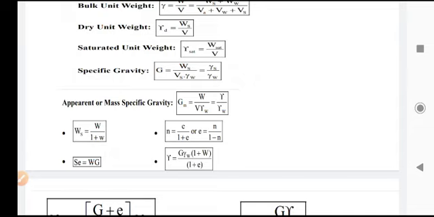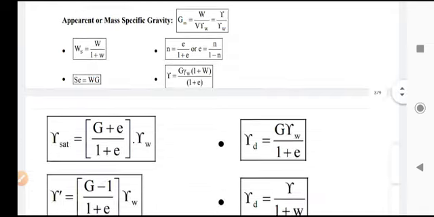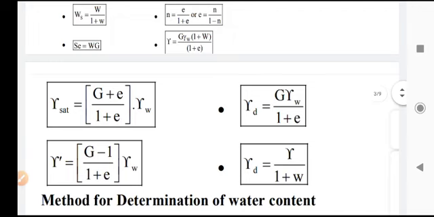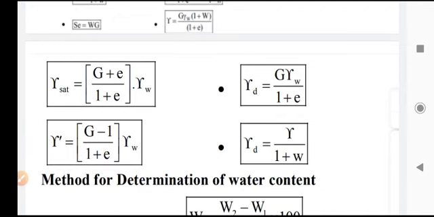Apparent or mass specific gravity is denoted by G_m equals gamma by gamma_w. You can remember this for solving problems. Gamma_sat equals (G plus e) by (1 plus e) into gamma_w, where G is specific gravity of soil, e is void ratio of soil, gamma_w is unit weight of water.